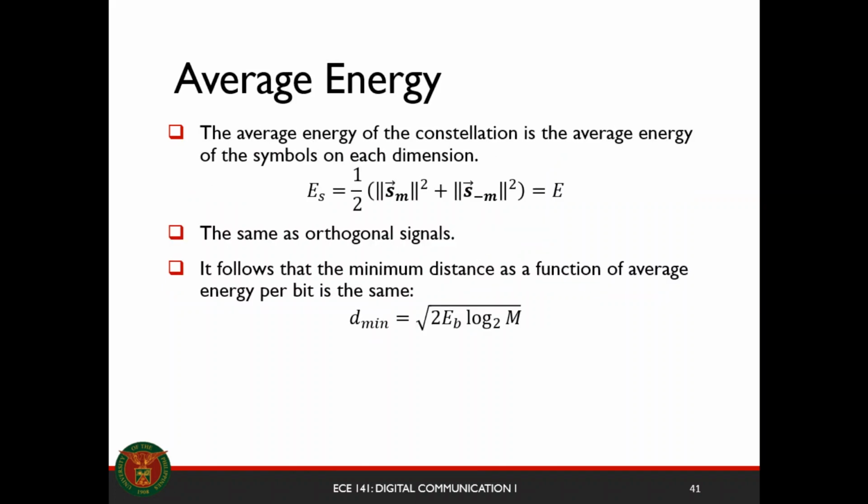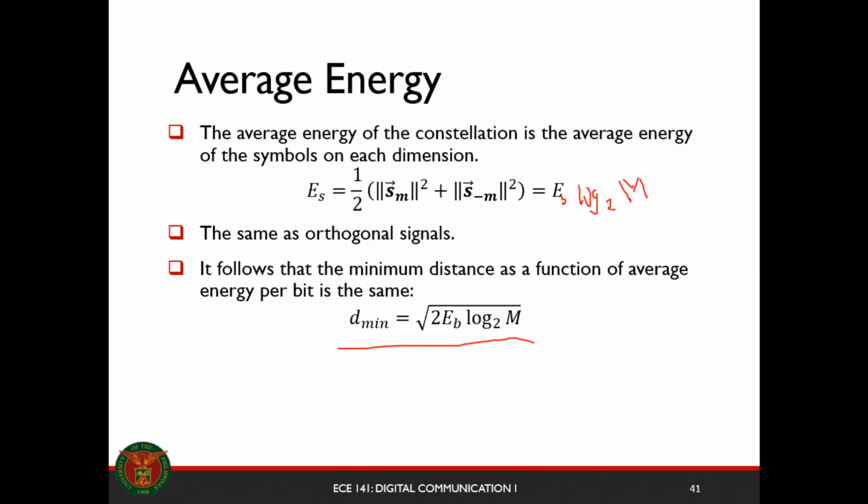And we want to know the average energy per bit. This should still be E sub B times log M base 2. And then the minimum distance is the same as your orthogonal signaling using FSK.